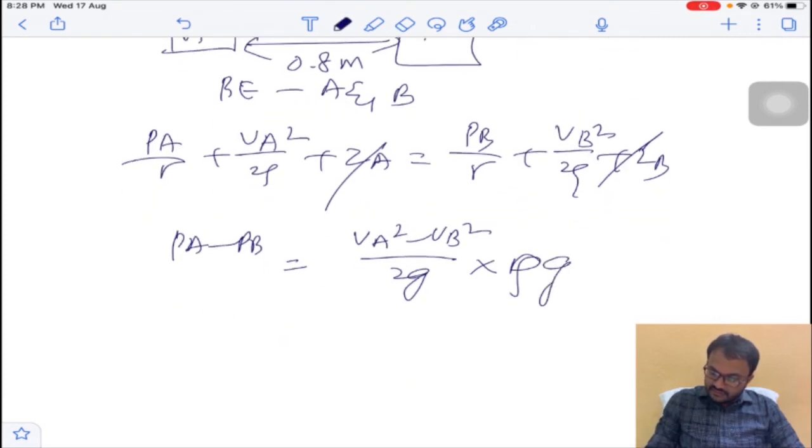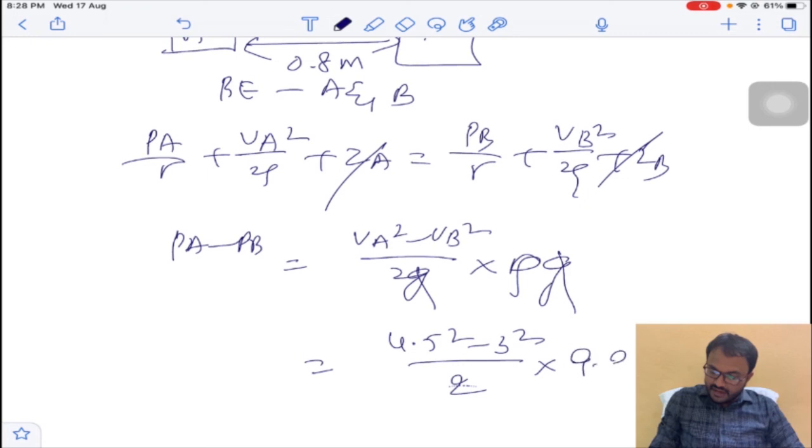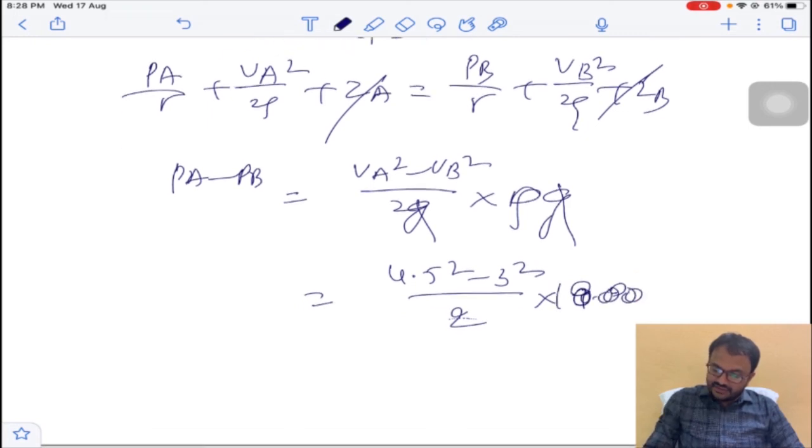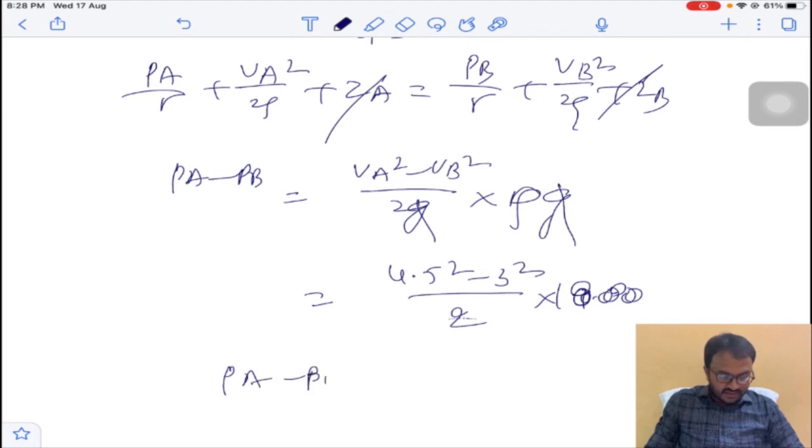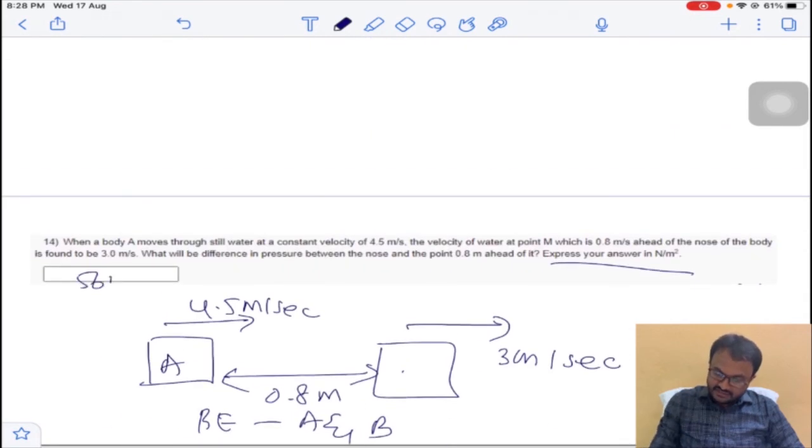Gamma is equal to rho g, so g gets cancelled. VA² is 4.5² minus 3², into rho, which is 1000, not 9.81. So the difference PA minus PB is equal to 5625 Newton per meter square. The answer is 5625 Newton per meter square.